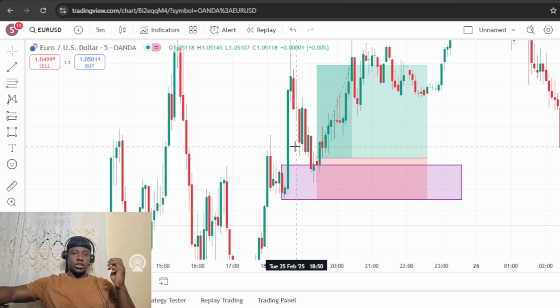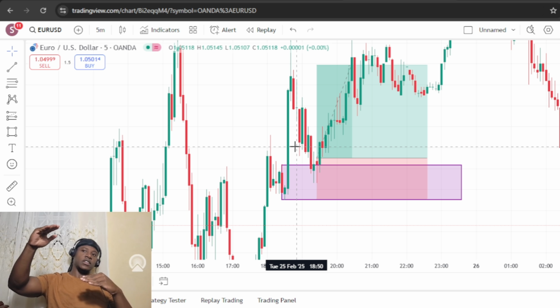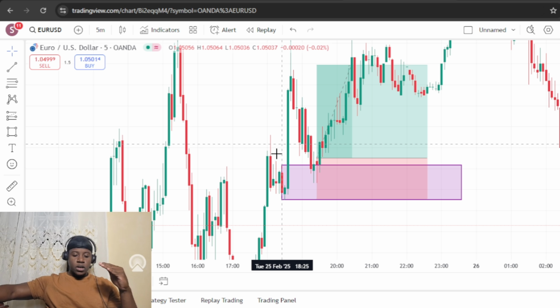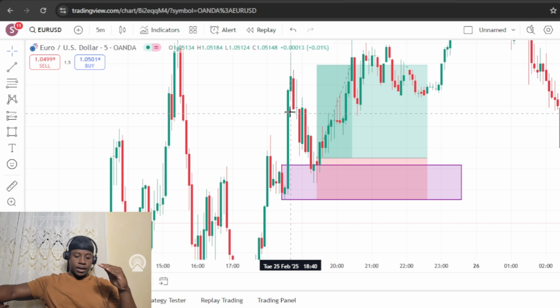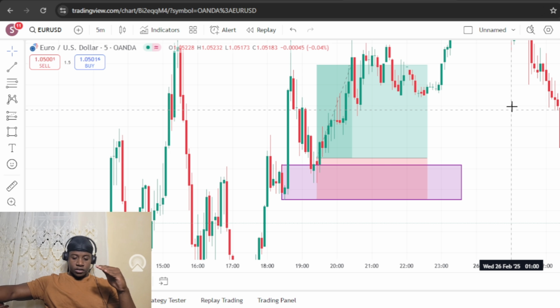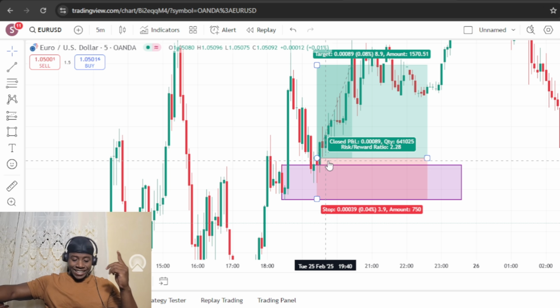Because that means there's a good chance that the price is going to reverse. After this aggressive buying candle went up and left all this gap on the right hand side to be filled back in, I knew that price was going to come back to fill in all these gaps and then possibly continue to go up. And that is exactly what happened.